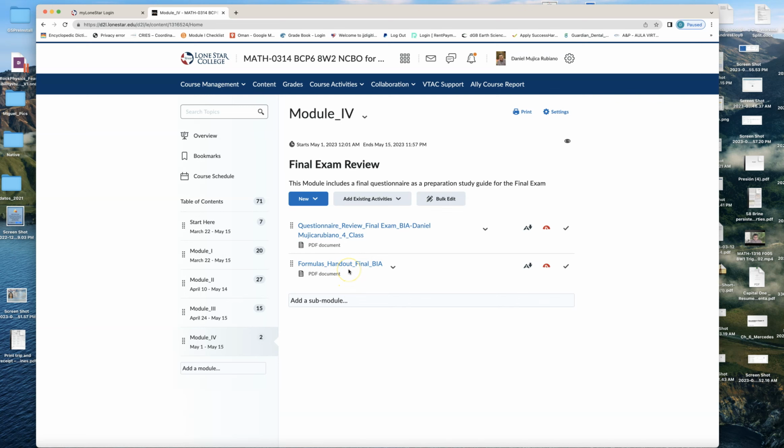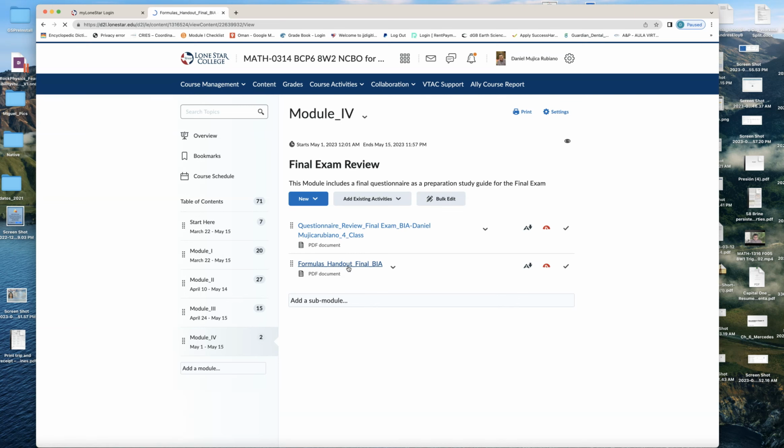Also, you have this material. This is a PDF document in which I made a table with the most important relations or equations that you need to remember for your final.